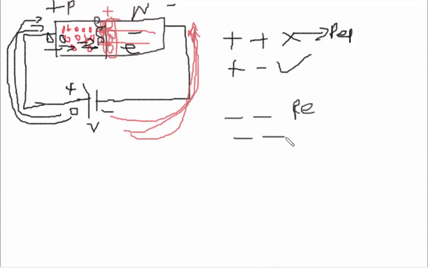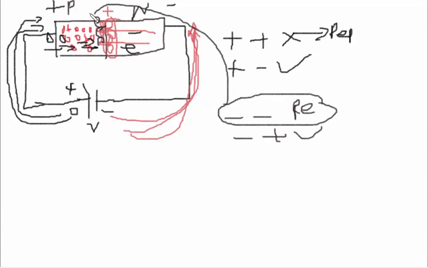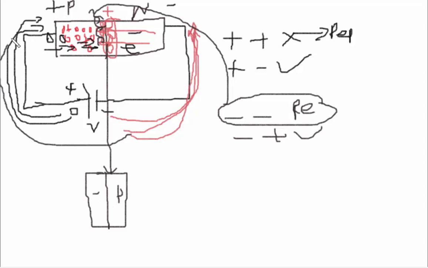Negative to positive attract, so again due to this it will move this side. At this side a region forms which contains the positively charged holes and negatively charged electrons. When more electricity is given, it starts moving in this direction.